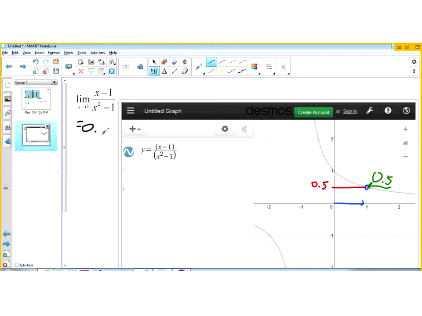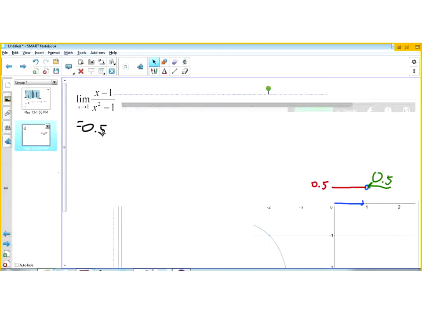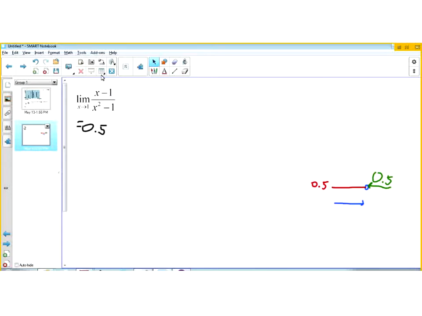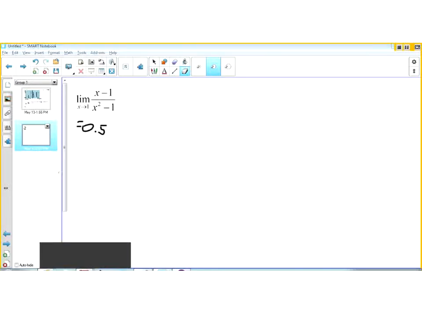Okay, and we can analyze this problem tabularly as well. So let me post the table for you. All right, so let me copy the table.